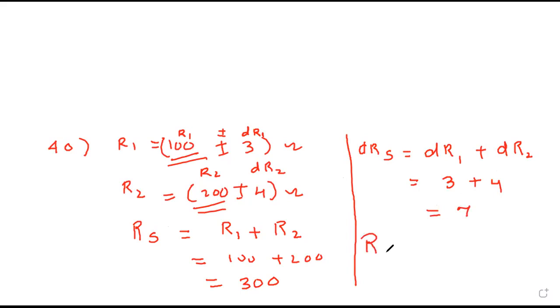So RS in series is 300 actual value, with error possibility plus or minus 7. Whenever you are adding, first do the operation with the actual values, then add the errors. So the answer in series will be 300 plus or minus 7. Just copy that.